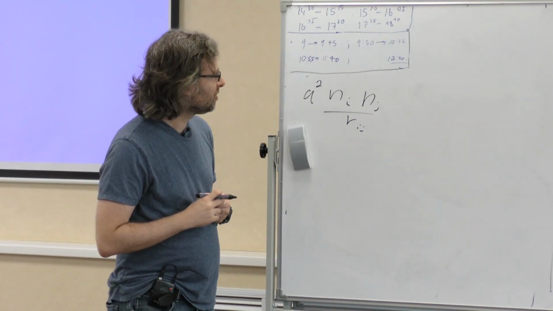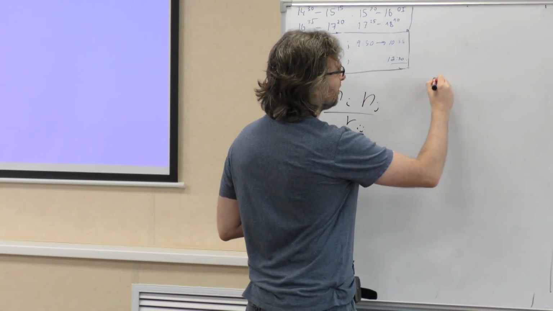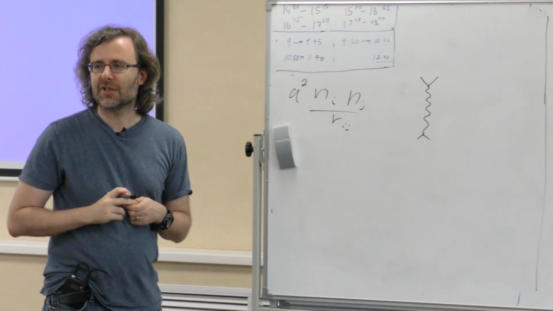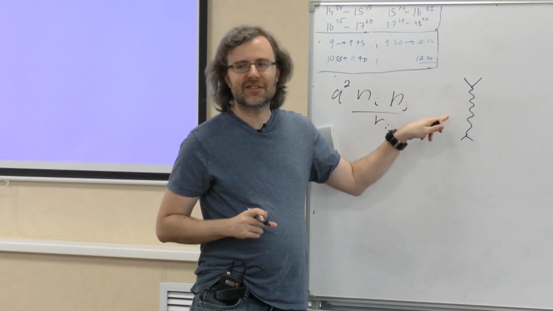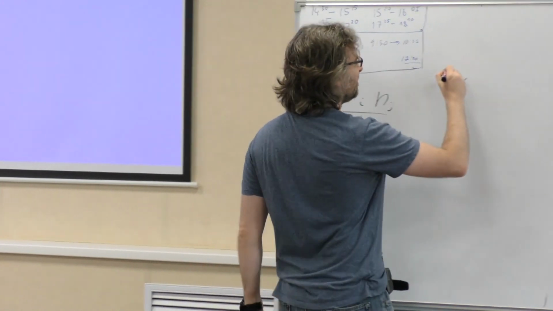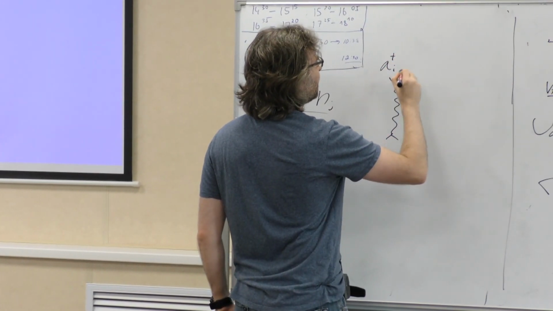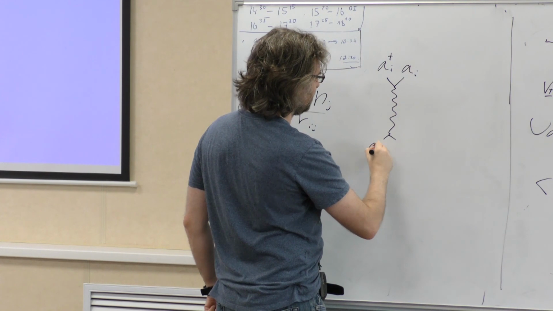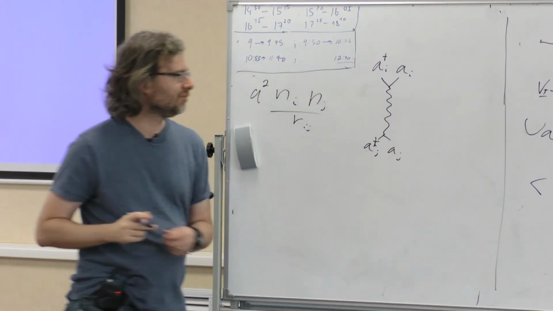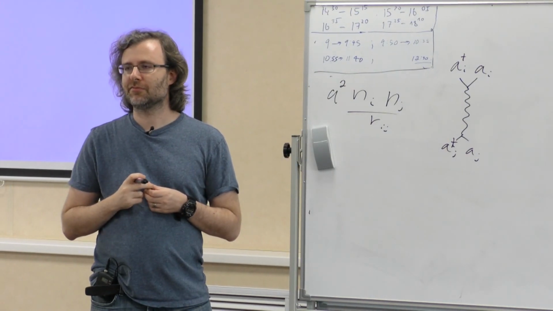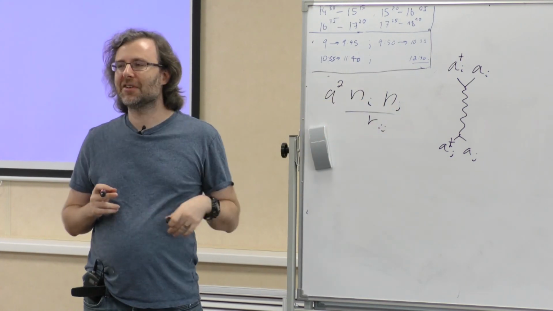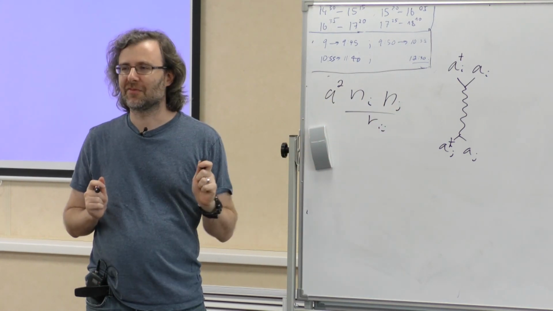So this is typically represented in the following way. You have a line, this is the interaction, and then these ticks at the end represent a dagger i, a i, a dagger j, and a j. And this is some term with four operators that appears somewhere in your sum.